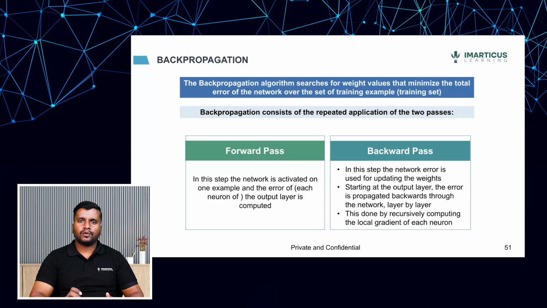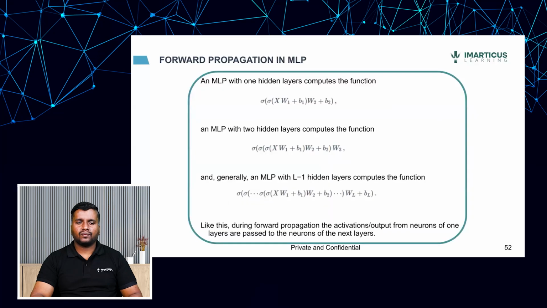The error is propagated in the backward direction through the network layer by layer. This is done by recursively computing the errors and finding the local gradient at each level of the neuron, and reducing that gradient so as to get minimal error. So this is how backpropagation actually works.